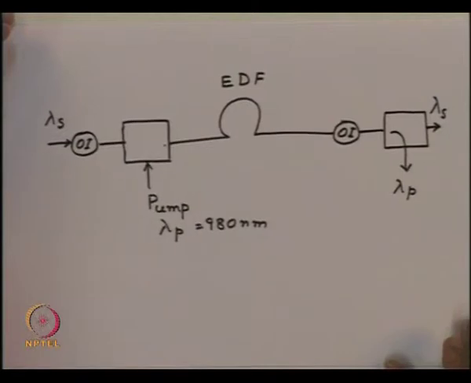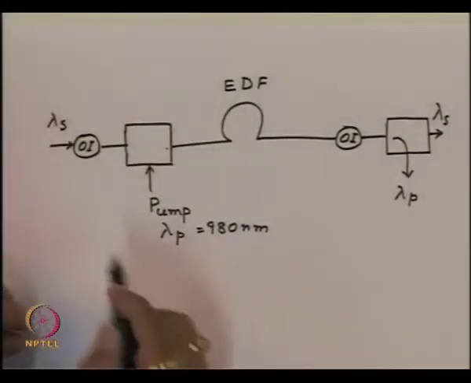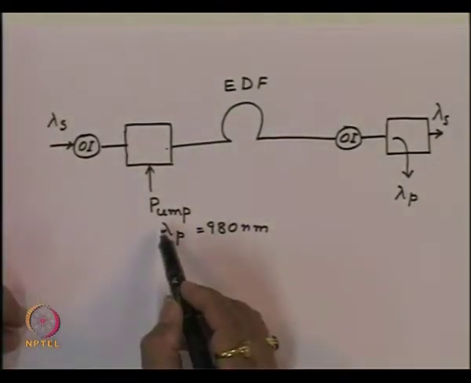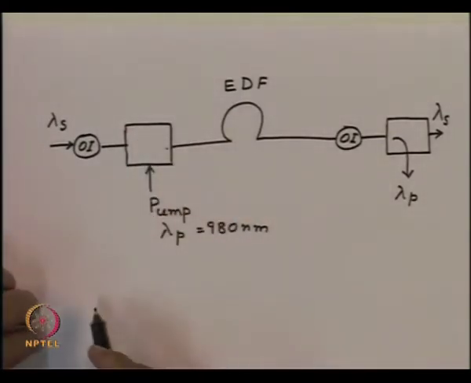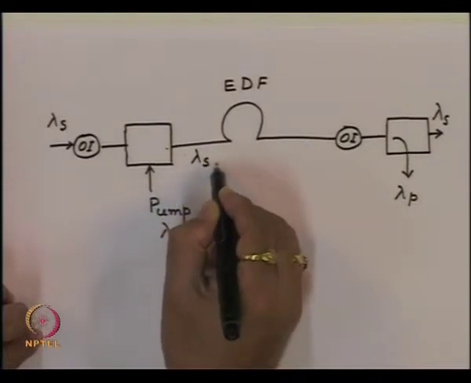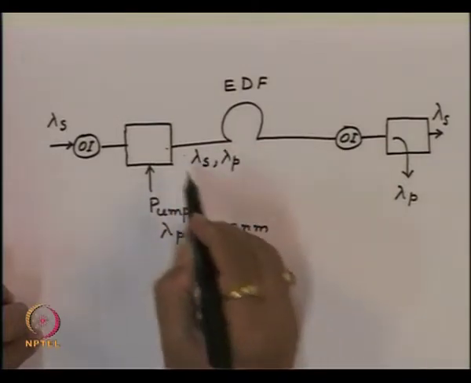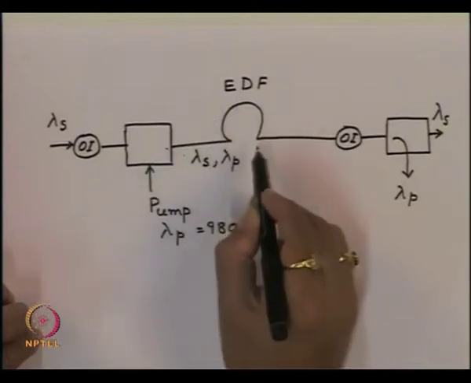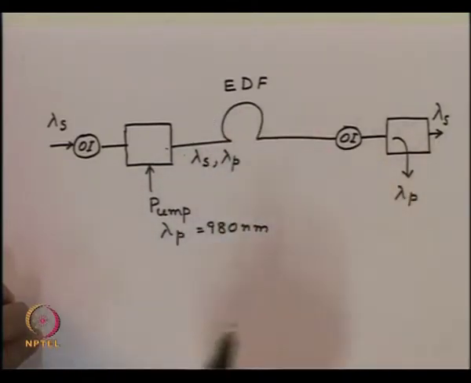So essentially what we have done here, we have combined the signal and the pump by using this wavelength multiplexer, and lambda s and lambda p have traveled together inside the EDF, and we get the amplification of the signal.